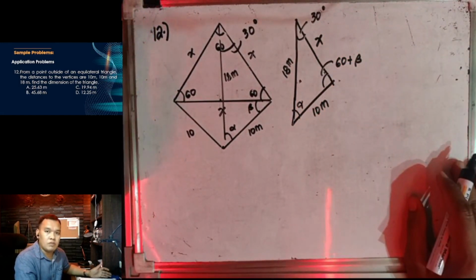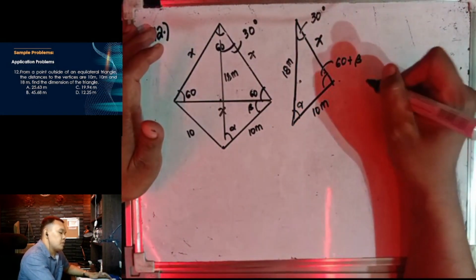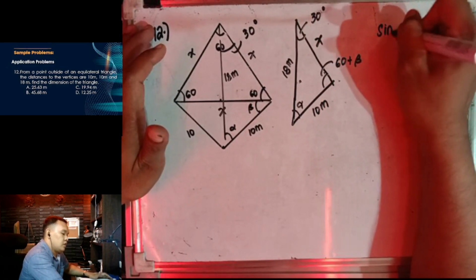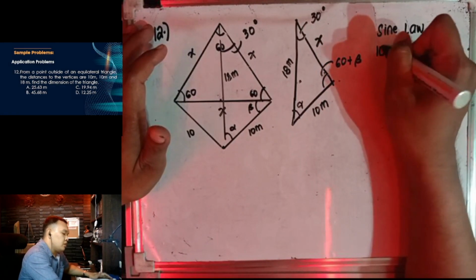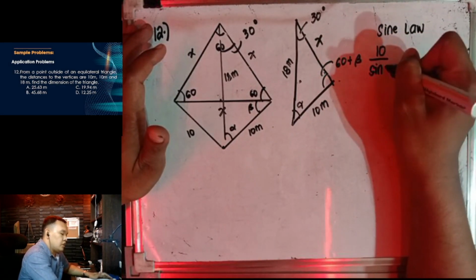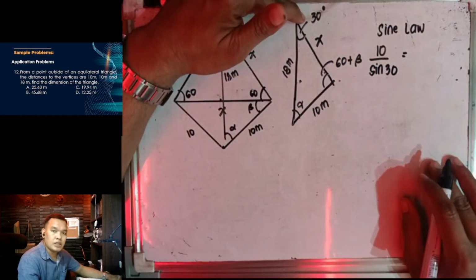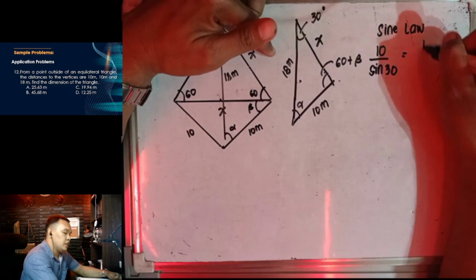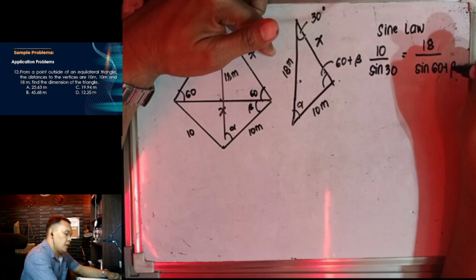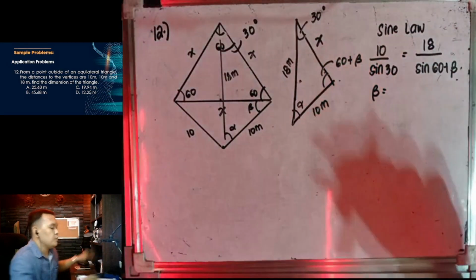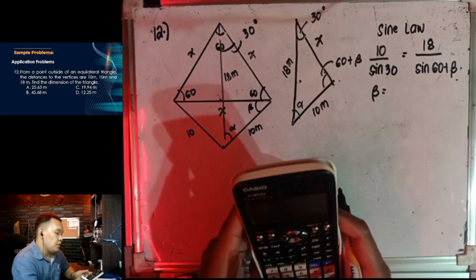Then, to get the value of beta, pwede natin isolve yan using sine law. We have here 10 all over sine 30 is equivalent to 18 over sine(60 plus beta). Then, therefore, the beta is equivalent to, transpose nyo na lang para makapag-compute tayo.